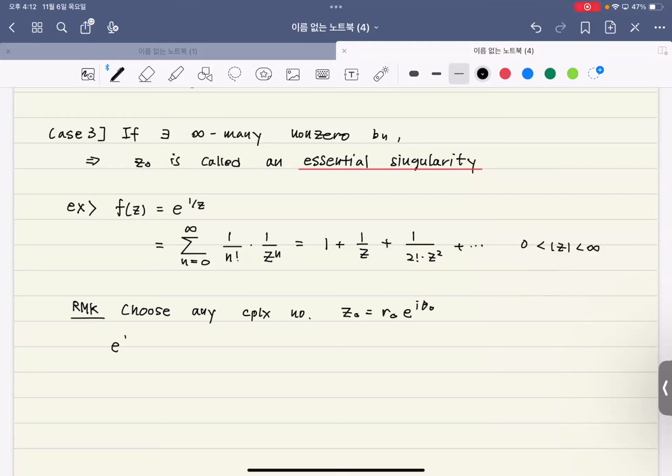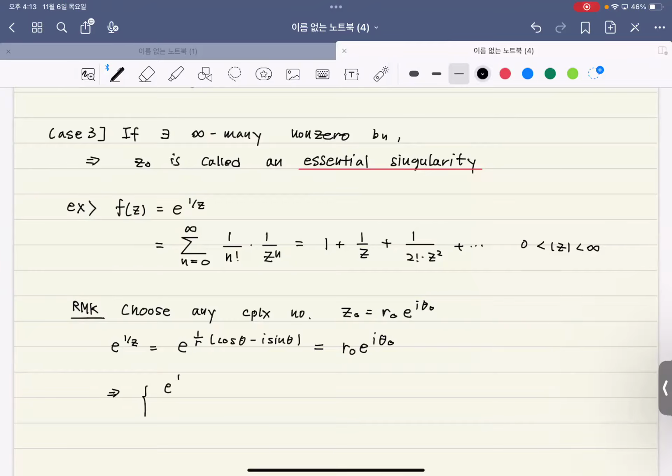I want to figure out when my function f attains this very specific value. Since my function is e to the 1 over z, this is e to the 1 over r times cosine theta, but not plus i times theta, but minus i times sine theta. I'm interested in finding the solution of this equation when this equals this.